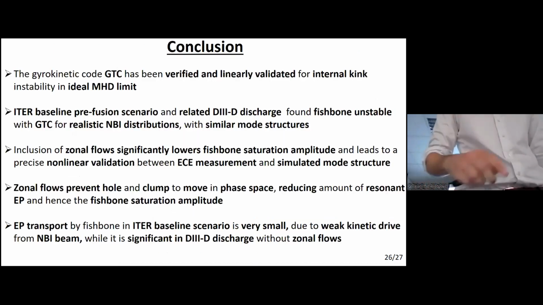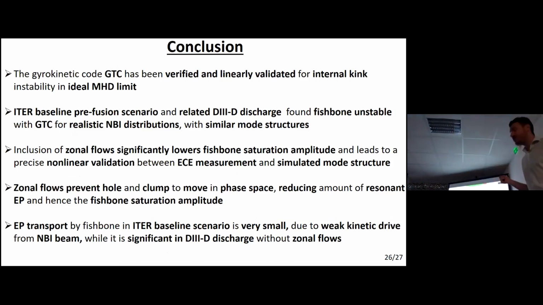As a conclusion, the GTC code has been verified and validated for kink instability in the ideal MHD limit. We have found that both the ITER and the DIII-D discharge were fishbone unstable for realistic NBI distribution with similar mode structure, that the inclusion of zonal flow significantly lowers the saturation amplitude and leads to precise validation with the ECE measurement, and that the zonal flow prevents the island from moving in phase space, which reduces the amount of resonant fast particles that can interact, and hence lowers the fishbone saturation.